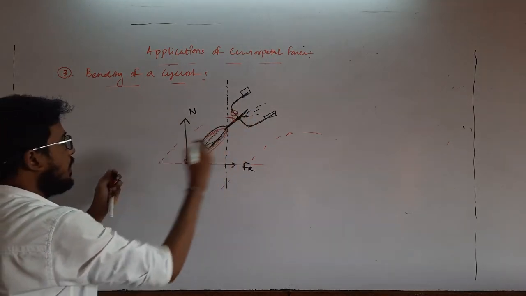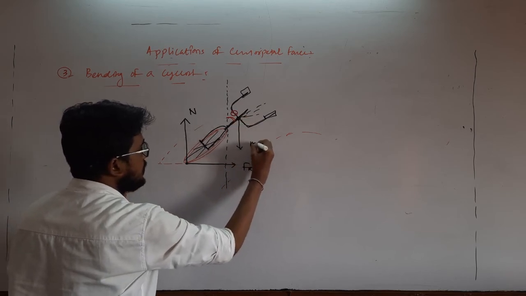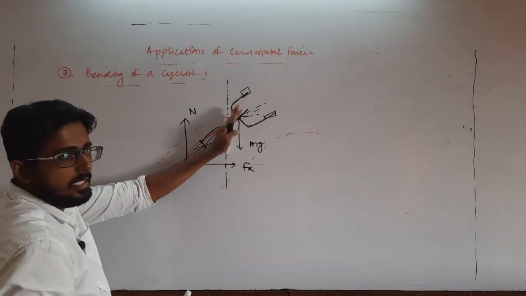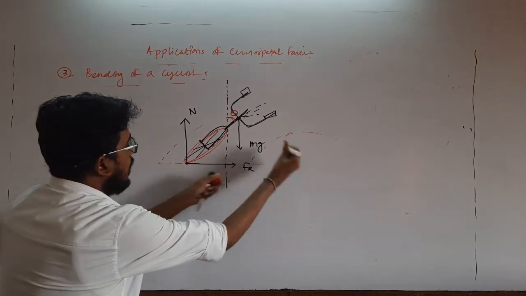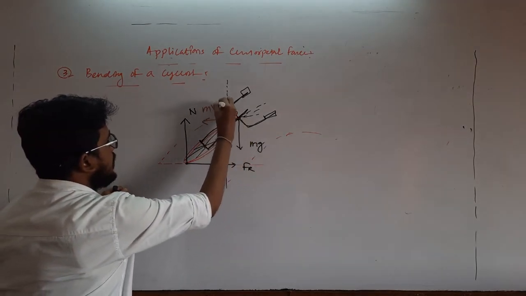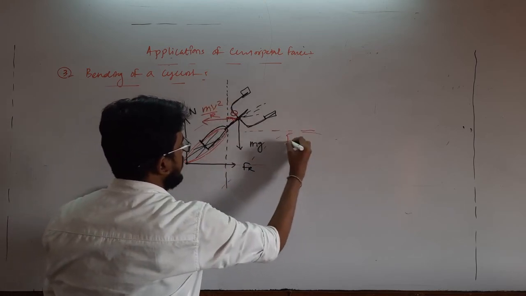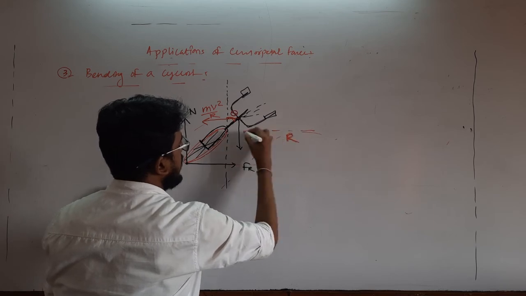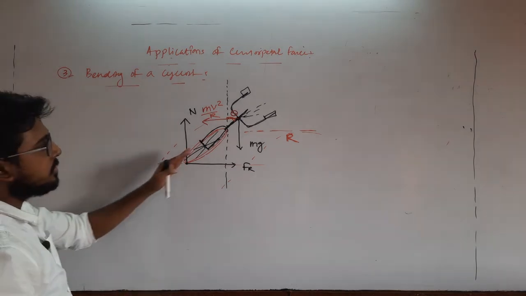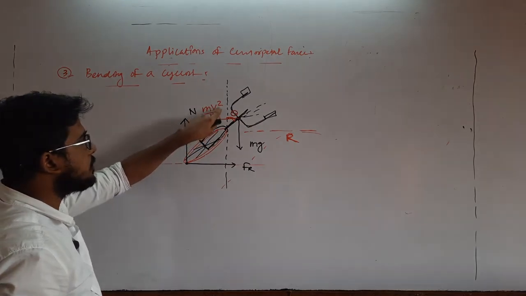So the weight of the cyclist and the cycle will act along this direction, that is mg, and the centrifugal force on this cyclist acts along this direction, that is mv square by r, where r is the radius of the circular track on which the cyclist is taking the turn. Clear?